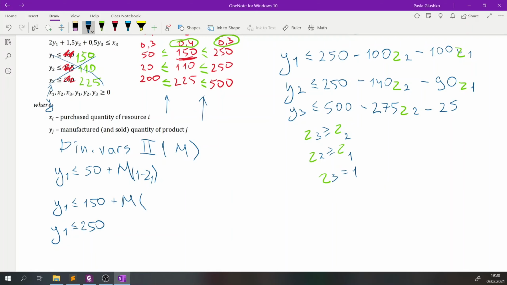And I do exactly the same thing for all the constraints. It's for the constraints of the first product for all the scenarios. So here I take the right-hand side of scenario 2 and I write down m times 1 minus z2, and here m times 1 minus z3.